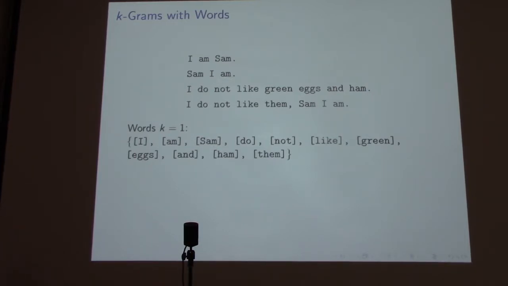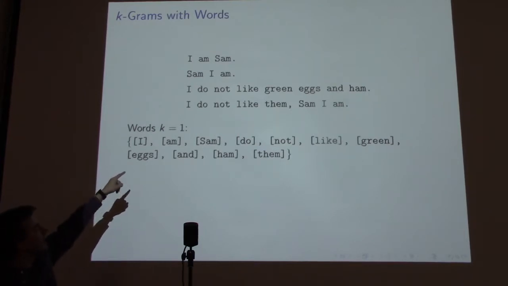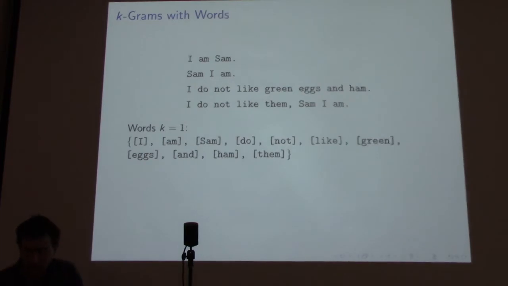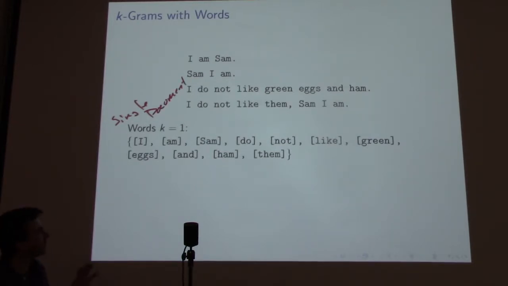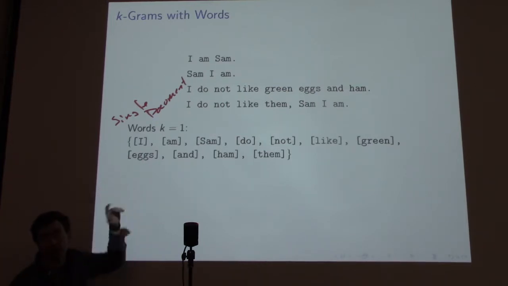Okay. So with K equals 1, I'm just capturing, and now I'm treating this as a single document in this example. Just for now I'll treat this as a single document, and these are all of the 1-grams. So this is just every individual word. The word "I" only appears once because it's a set.